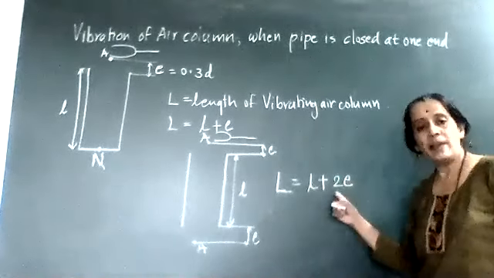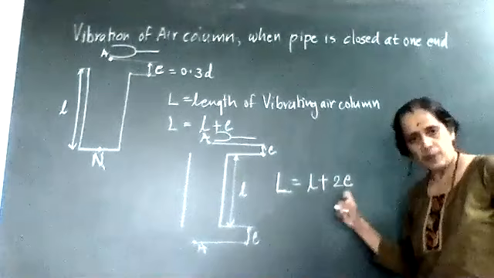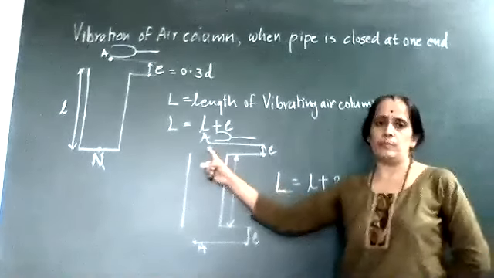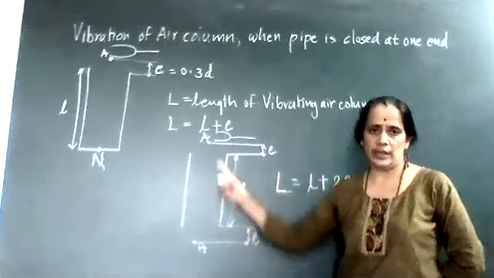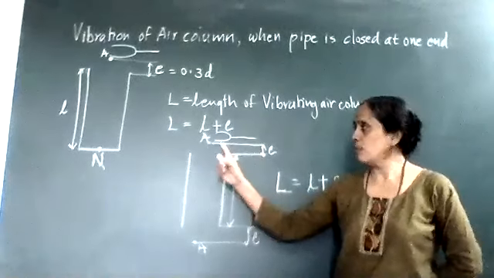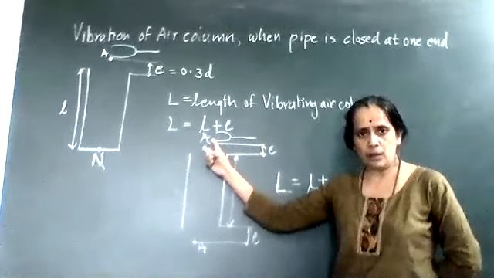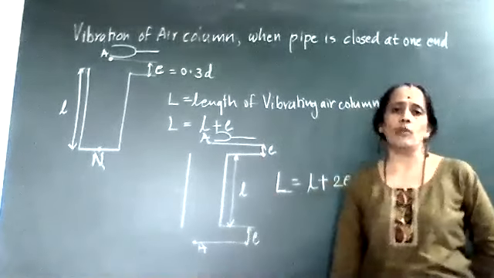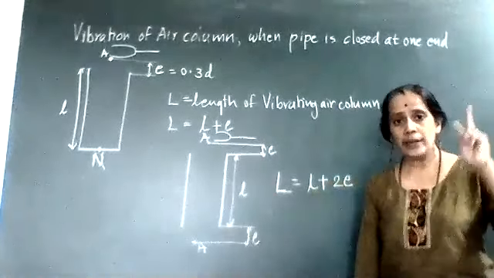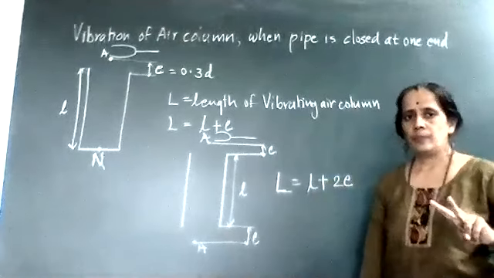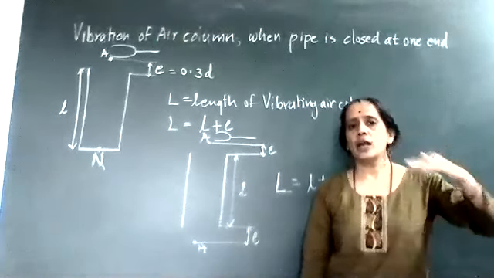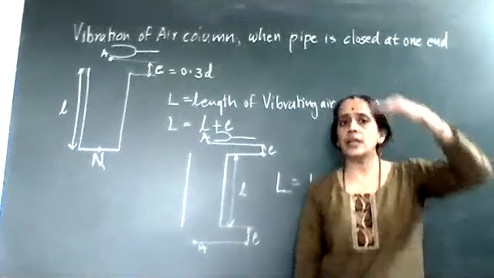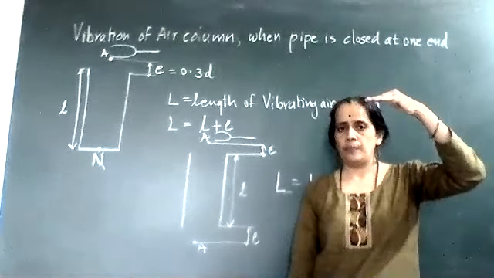Why will end correction be added 2 times? Because in case of a pipe which is open at both the ends, there will be a formation of antinode at the upper end and a formation of antinode at the lower end. So 2 antinodes will be formed, and antinodes are situated slightly above the open end.